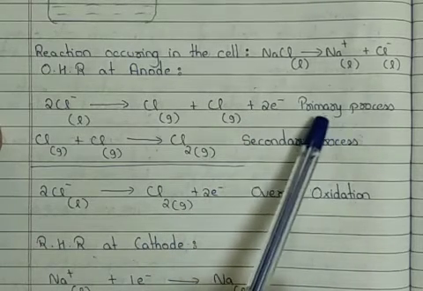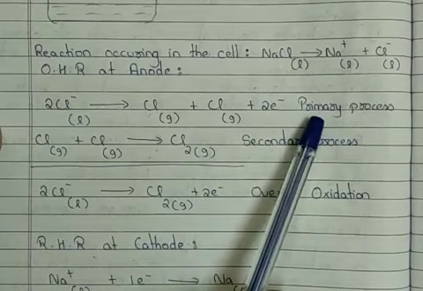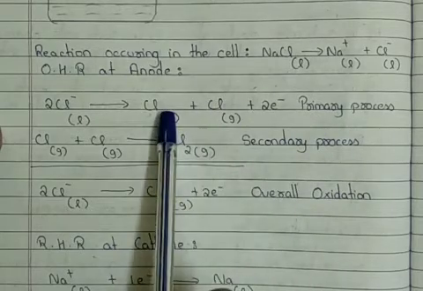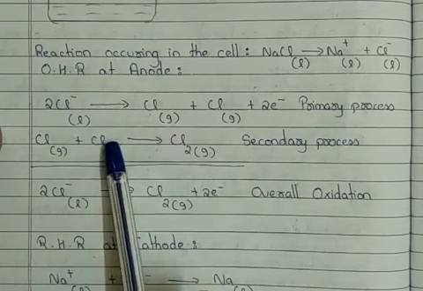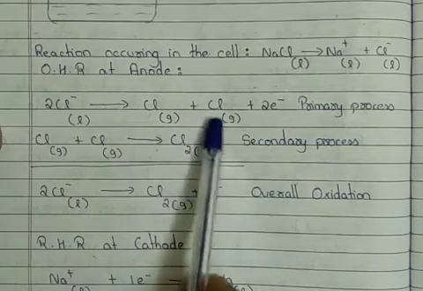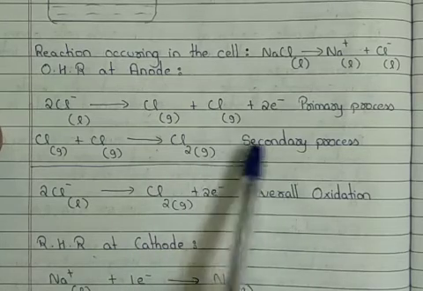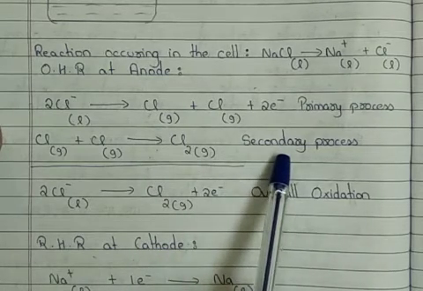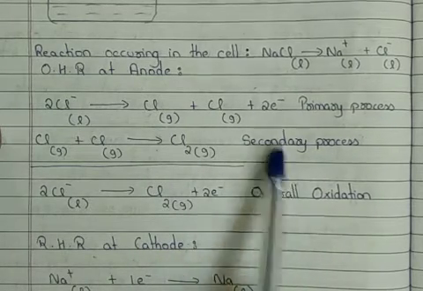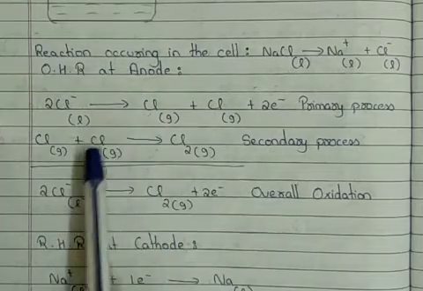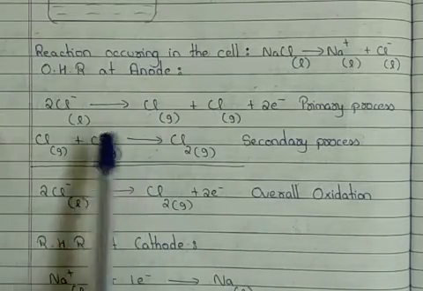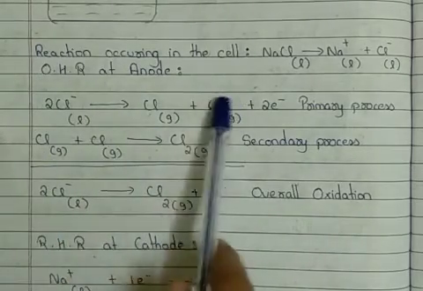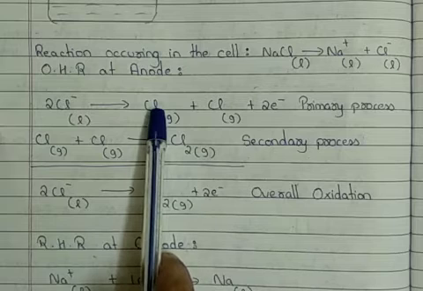This is the primary step happening at anode. These 2 chlorine free radicals will combine together to form a chlorine molecule. That is your secondary step. So actually at anode, what will happen will be a sum of these two, where these 2 chlorine free radicals will get cancelled.